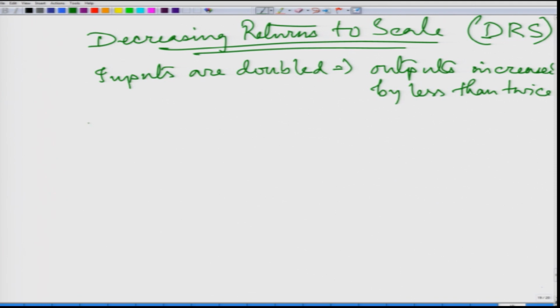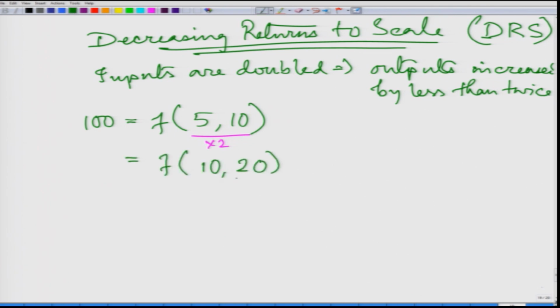Yes, that means if I had a hundred units being produced with 5 doctors and 10 beds, and if I increase my scale by 2 units, and we find that with these 10 doctors and 20 beds my production is only 150 patients, which is multiplied by 1.5, and this 1.5 being lesser than 2.